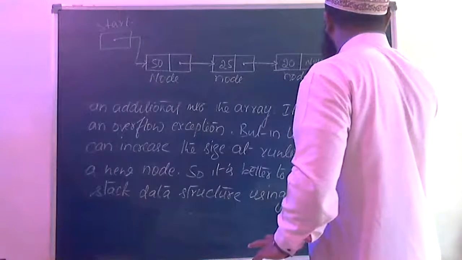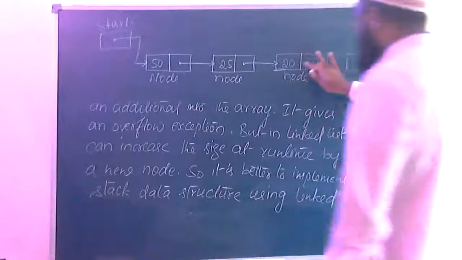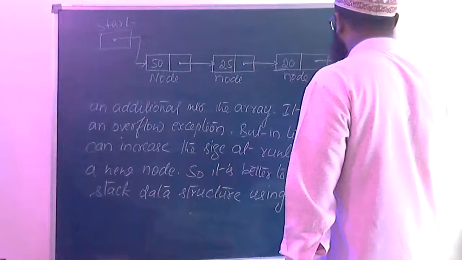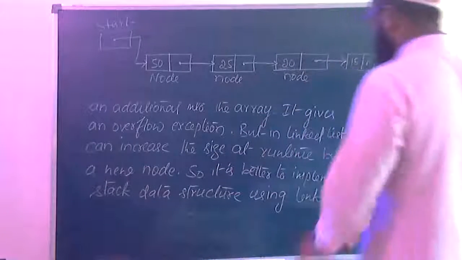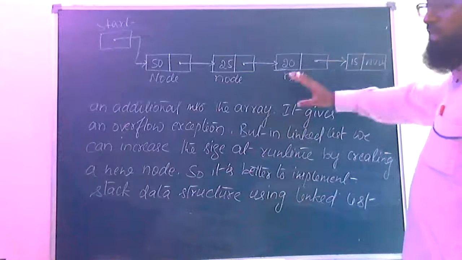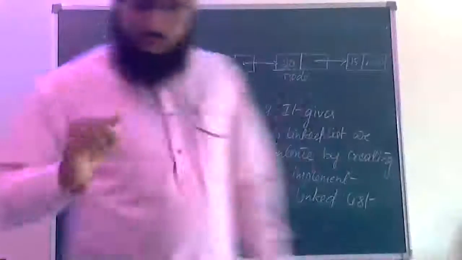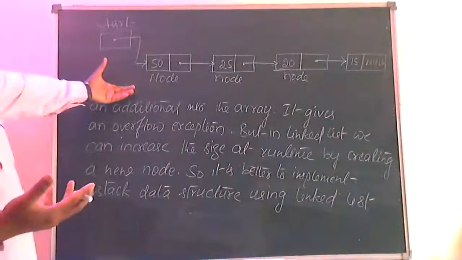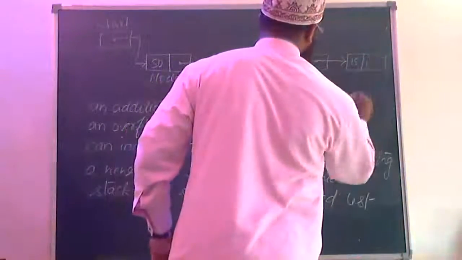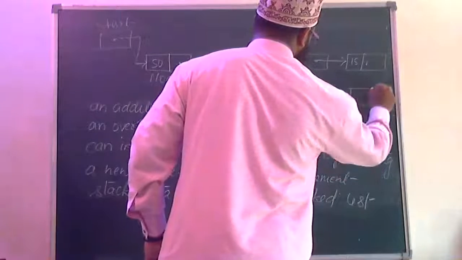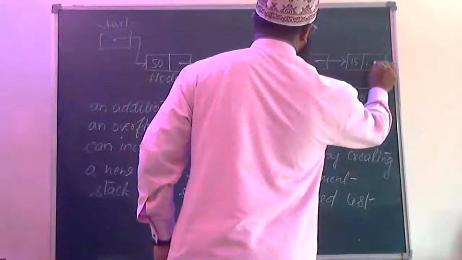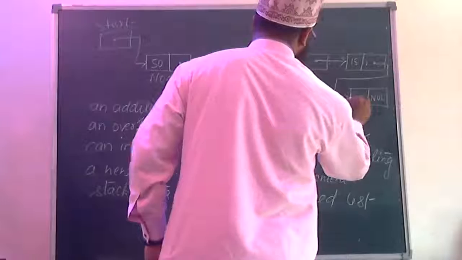Then it is inserted into the stack, and always the last will be null. Here a new node is created and the item 15 is inserted into that stack. It will not create any problem because the end is open. If you want more items, again you can create one more node here. 10, then null.